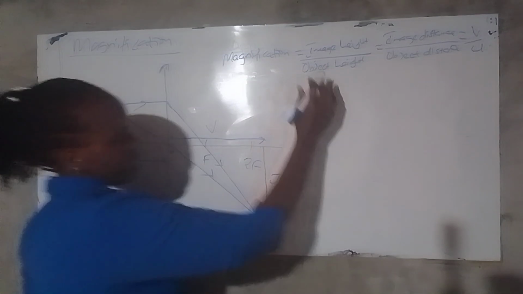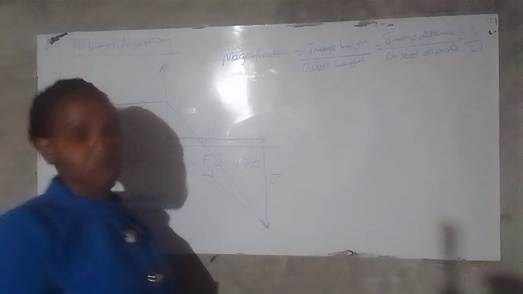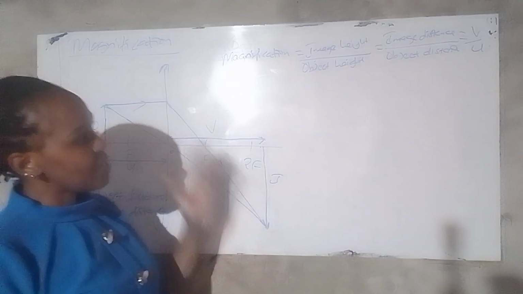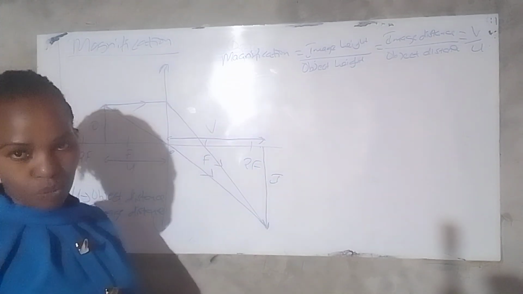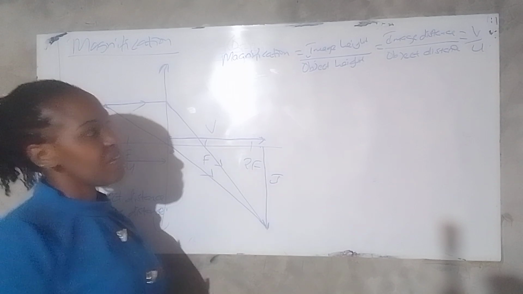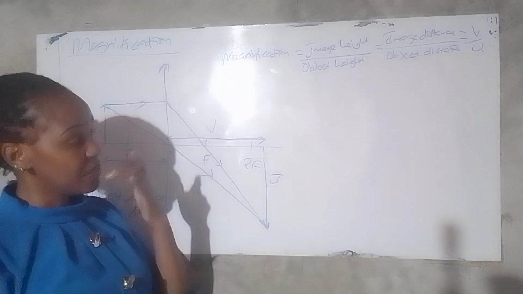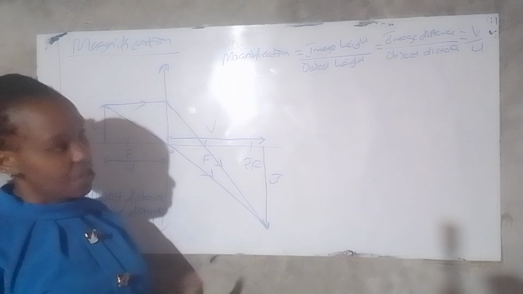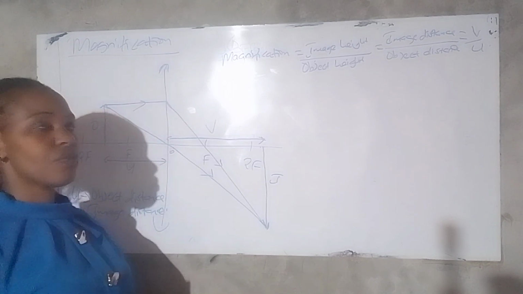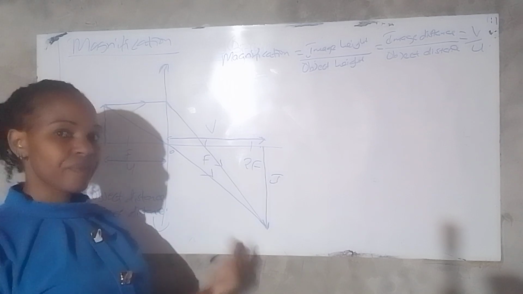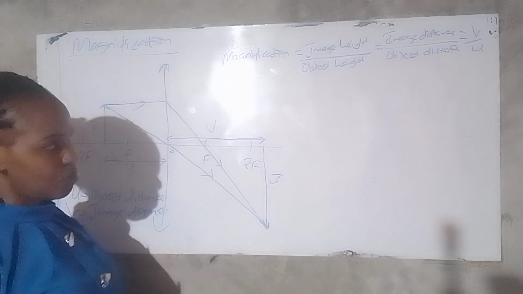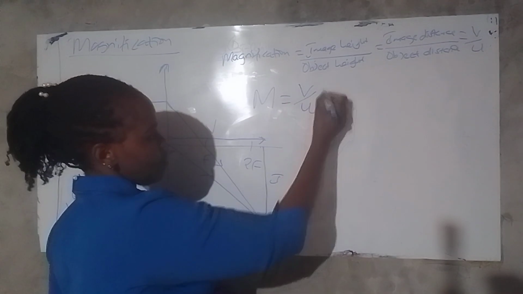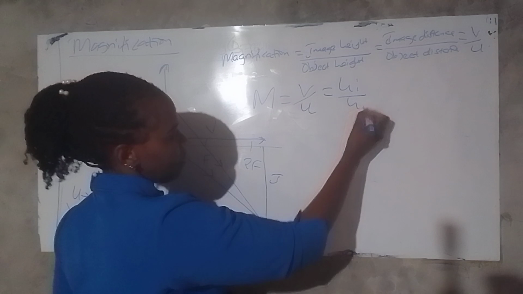So image height and image distance are proportional. The same way that object height and object distance are also proportional. So magnification can be given as image height divided by object height, or image distance V divided by object distance U. So it is simply a measure of the size of the image relative to the size of the object. So we give it symbol M is V over U, or image height over object height.